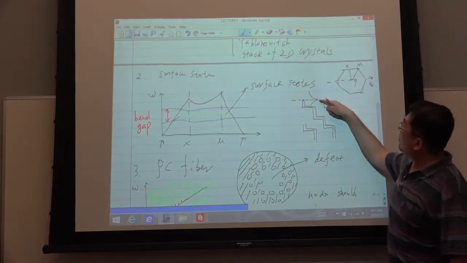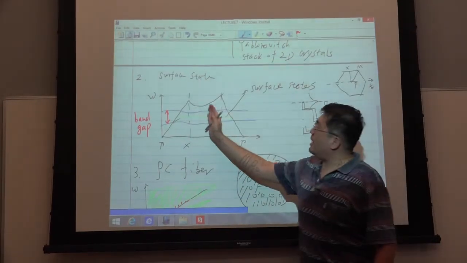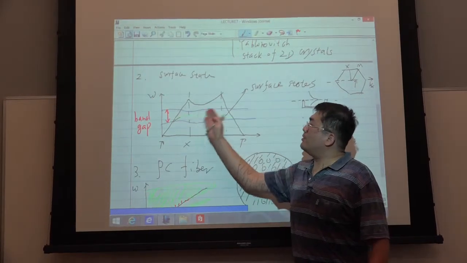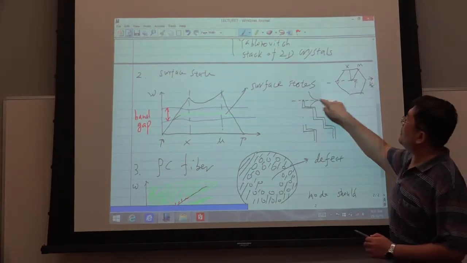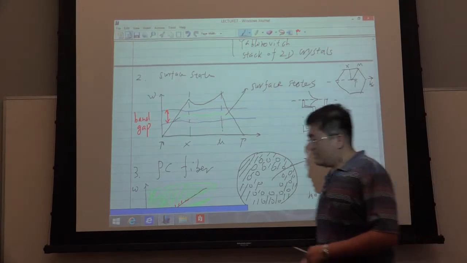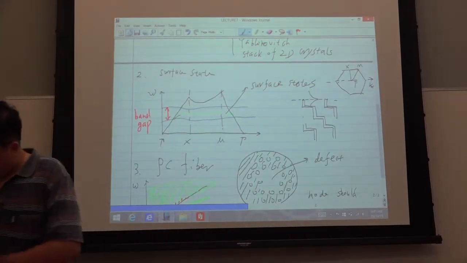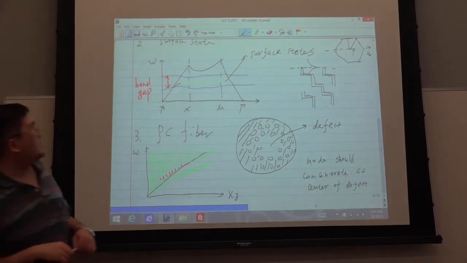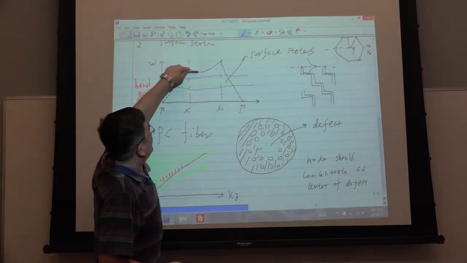The wave also decays along air because it is on the right-hand side of this air line. It has a guiding mode. So we call it surface state. Okay, this is the basic idea. It's similar to the 2D, but I think the difference is how to draw this air line.